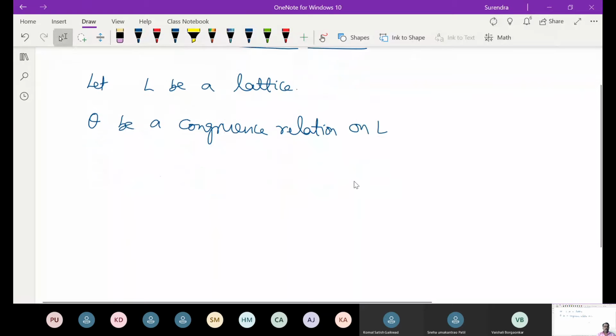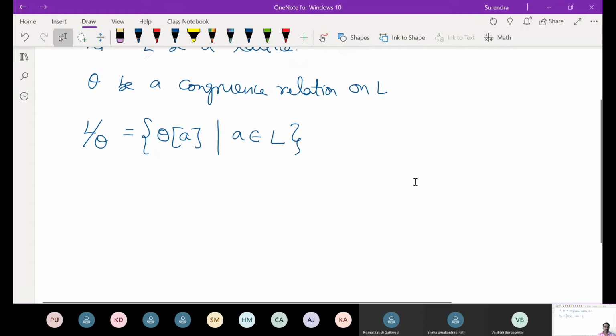Then we denote L modulo theta as the set of all theta of a, where a is in L. We have proved that this theta of a is a convex sublattice. So we have collected all possible convex sublattices.